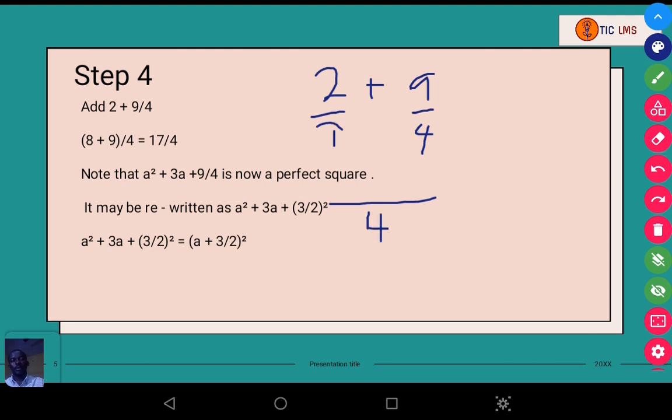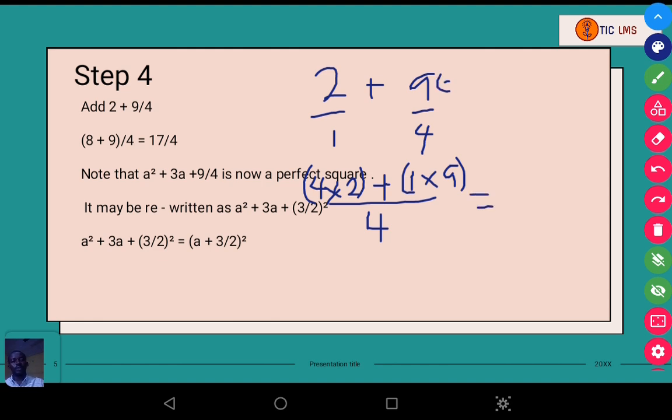Then how many times will 1 go into 4? That's 4 times, so that 4 times is multiplied by 2. And then plus, how many times will 4 go into 4? That's once, so that once is multiplied by 9. That is this particular 9 you have here.